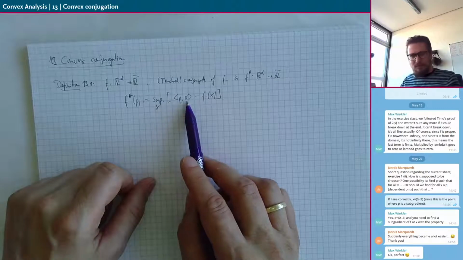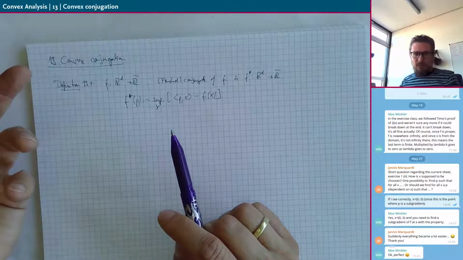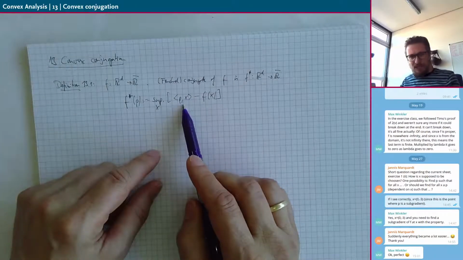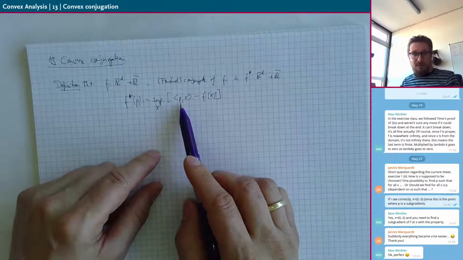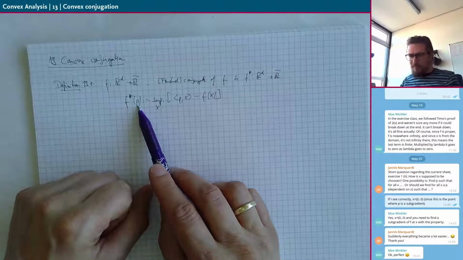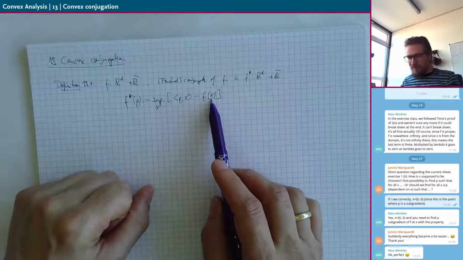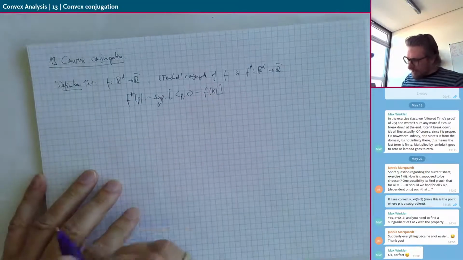The x's are the points in Rd, but every point p in Rd can also be interpreted as a slope. The function p times x is a linear function on Rd and has gradient p. So this is a function of slopes, where the variables p correspond to slopes, whereas the points x correspond to points in Rd. Okay, so that is the conjugate.